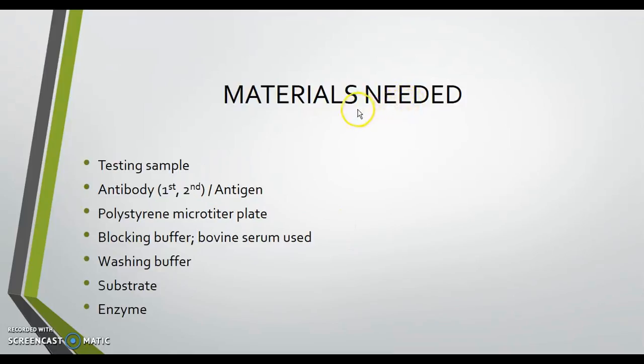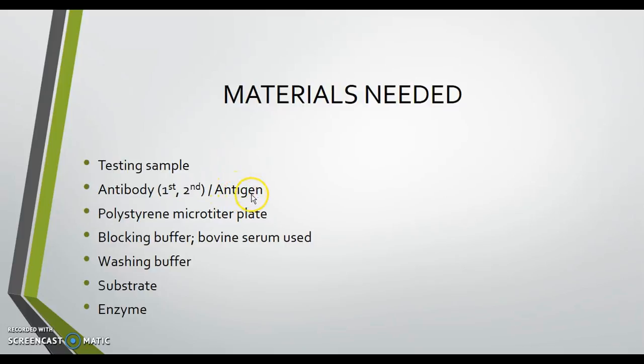The materials needed in an ELISA procedure. These are the antibodies, antibody 1 and antibody 2. Antibody 2, as I mentioned, is bound by an enzyme. That is why this procedure is called enzyme linked immunosorbent assay.